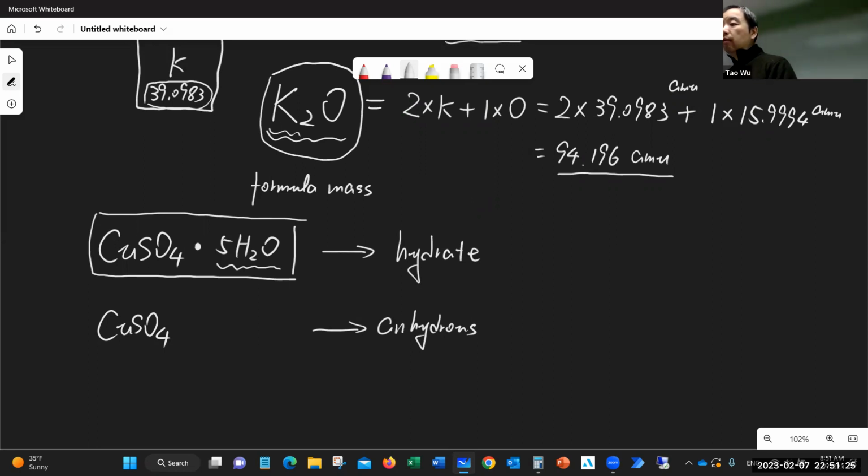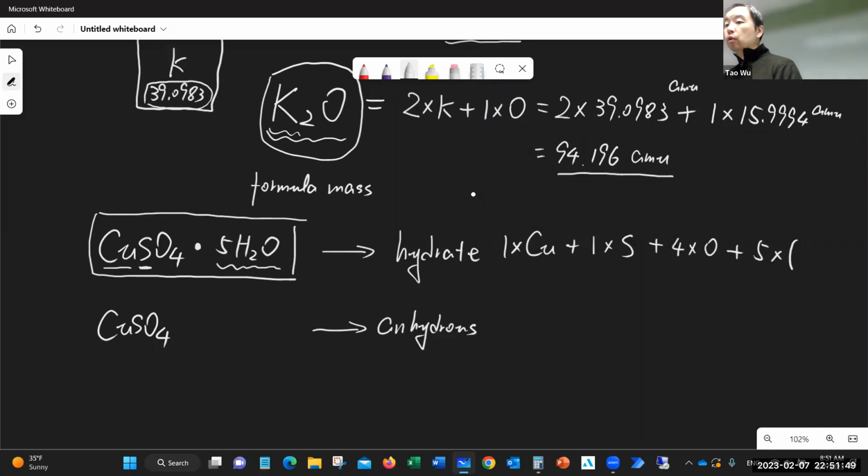For this hydrate, copper 2 sulfate pentahydrate, we have one copper, plus one sulfur, combining with 4 oxygen. So this is for the copper sulfate, and then we also have 5 water. Once you count the water, the 5 doesn't mean it has only 5 hydrogen. It means 5 whole molecules.